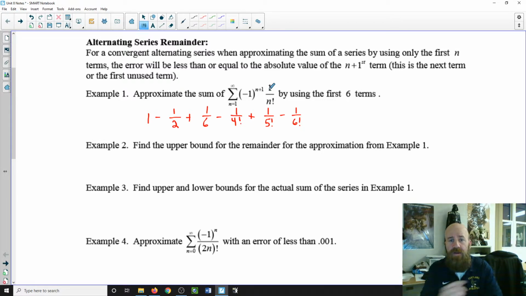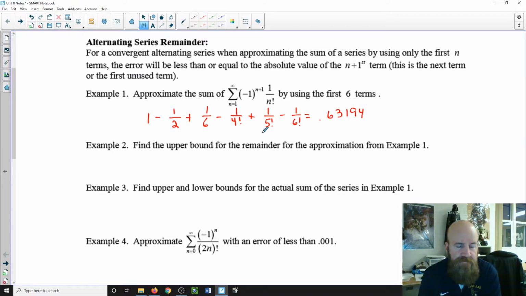So if we go there, you can actually type that in, or just type all these values out, and we would get something like 0.63194. So that's the value of those 6 terms. All right. So easy enough.